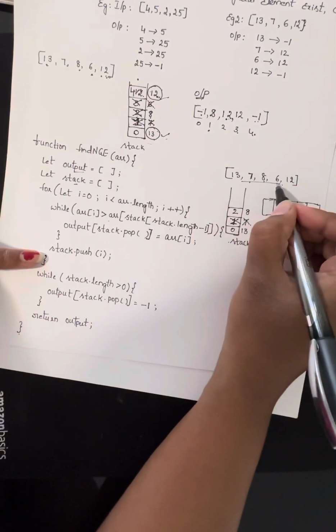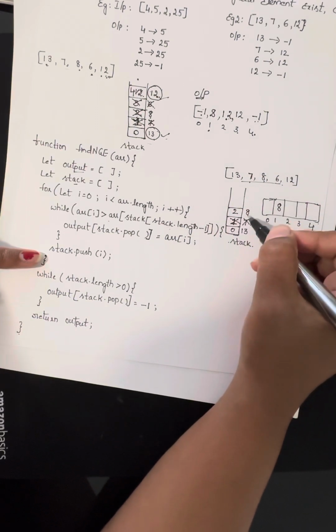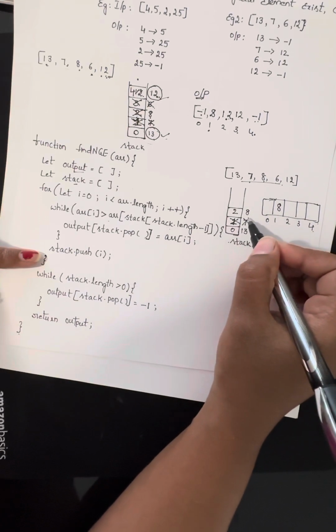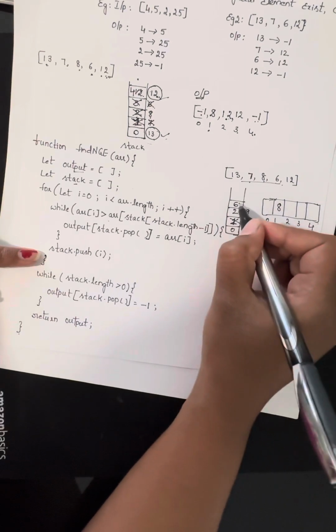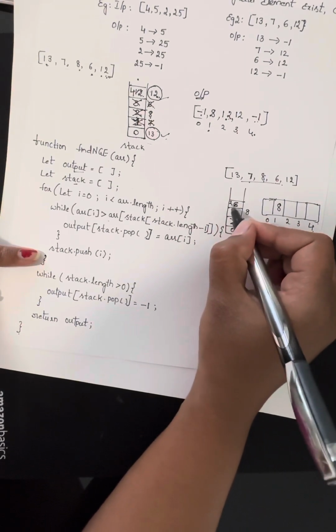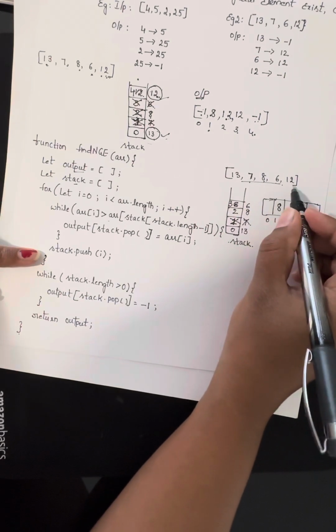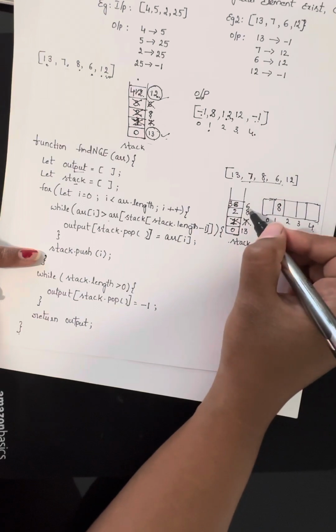Now we go to the next number, which is 6, and check if 6 is greater than 8, the top element in the stack. It is not, so we just push the index of 6 to the stack. Then we move to the next element, which is 12, and compare if 12 is greater than 6.